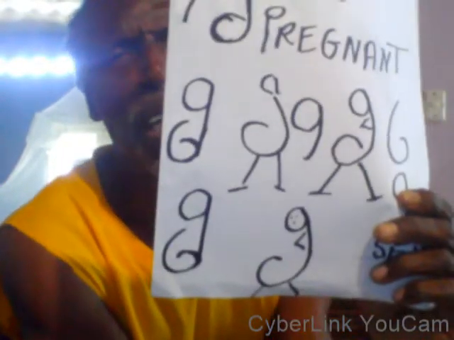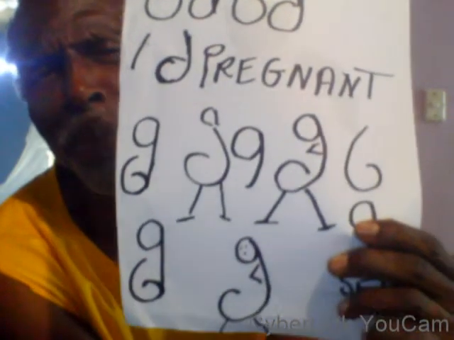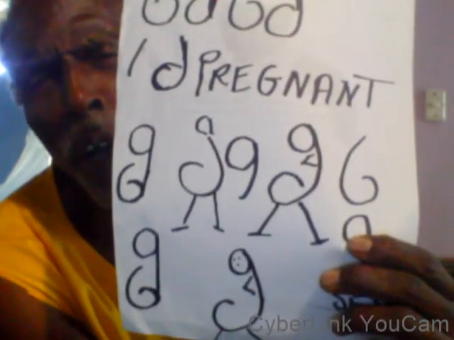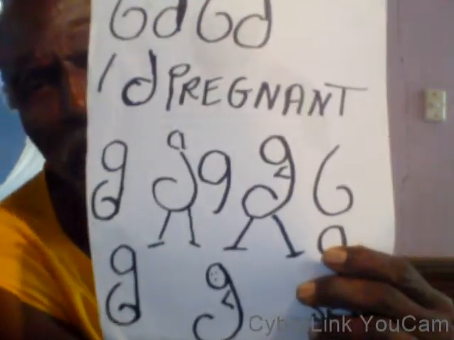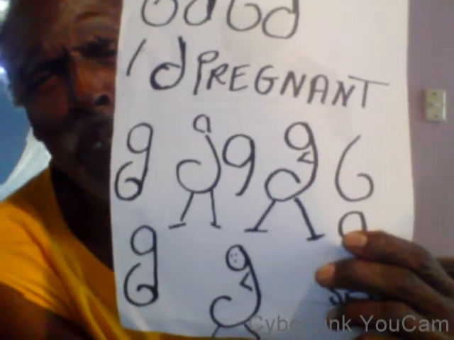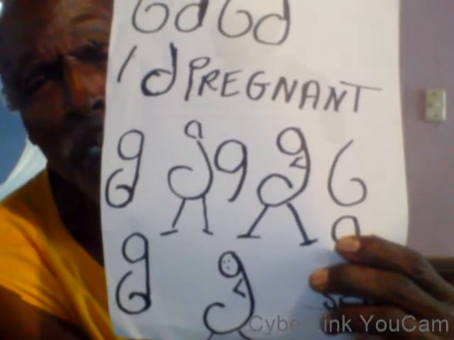Now you will notice that 3 could go into 9 3 times, and 3 could go into 6 2 times, right? That means that 3 is also a number of multiplication. 3 is also a sexual number because it takes 3, the man into the woman, producing a child.